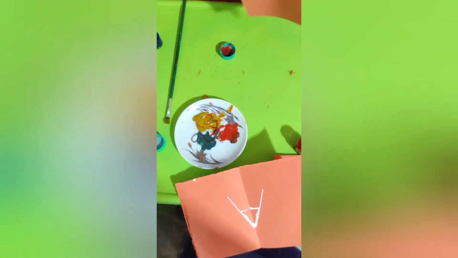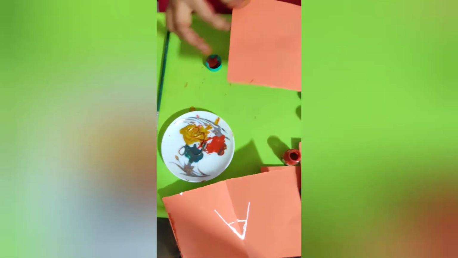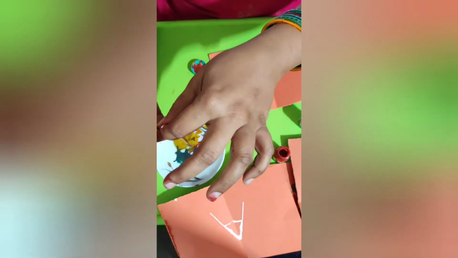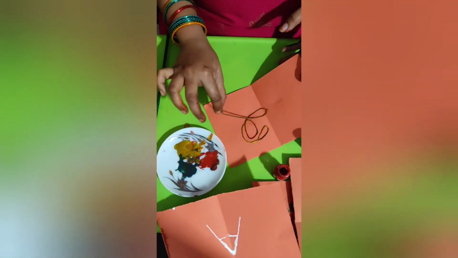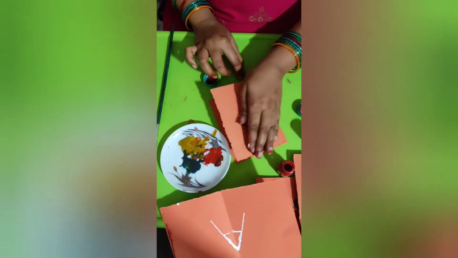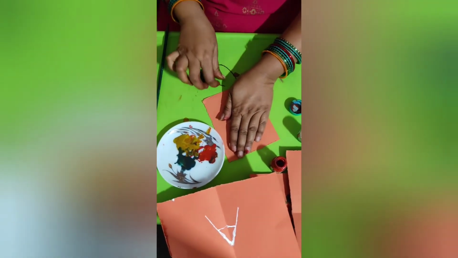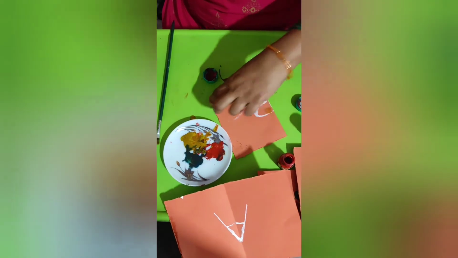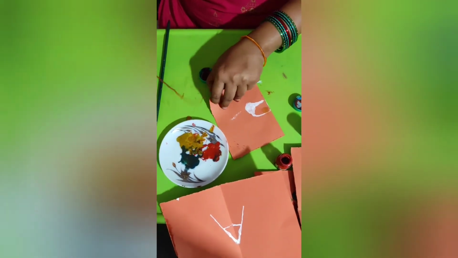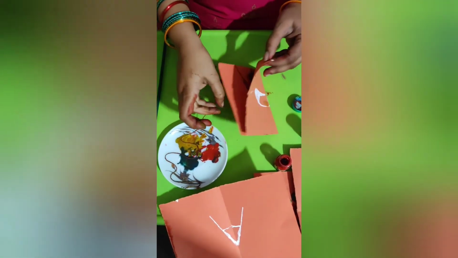Now take a paper and fold it into half. Keep the thread here. Fold the paper and press it. Now pull out the thread. Here you can get different types of designs. Shall we do one more?